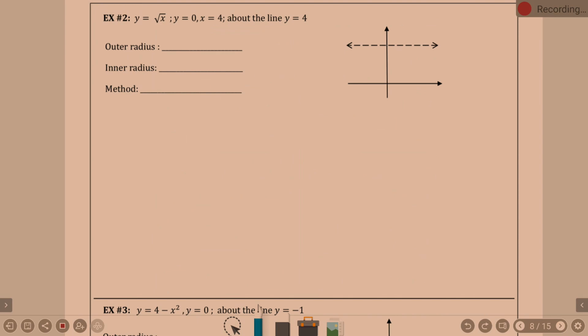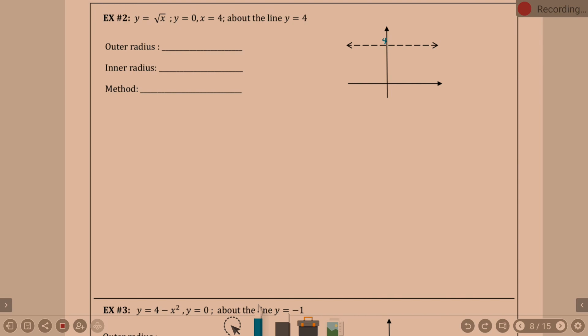Okay. I should probably just do examples. Okay. Y equals square root of x, y equals 0, and x equals 4. Those are the pieces that bound our region that we're going to be rotating about the line y equals 4. Okay? So with that in mind, that means that y equals 4, yes.